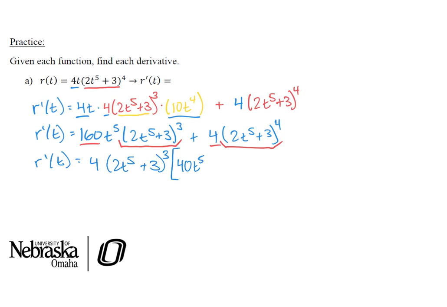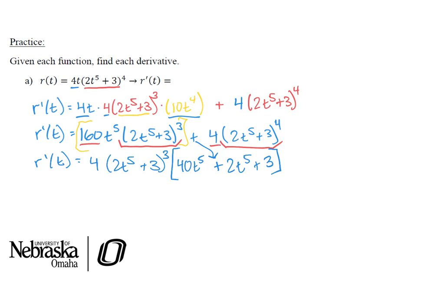And then we're factoring out the 2t to the 5th plus 3 to the 3rd. So that term is completely gone when we're looking at our first full term. And then when we factor out the 4 from our second term, that is gone. And then we're factoring out 3 of these 2t to the 5th plus 3 terms, so we're left with 1 remaining. And be careful, we are dropping the plus. It's not a product. We are adding these things.